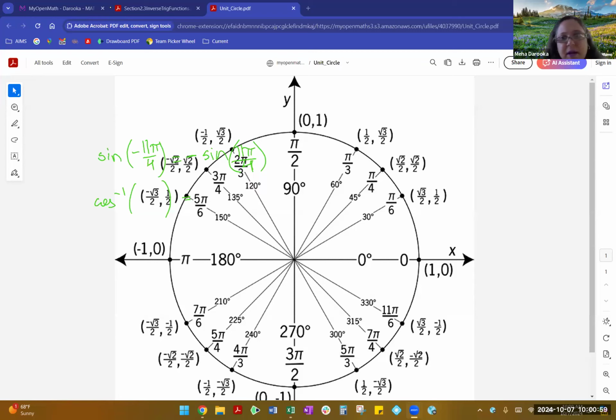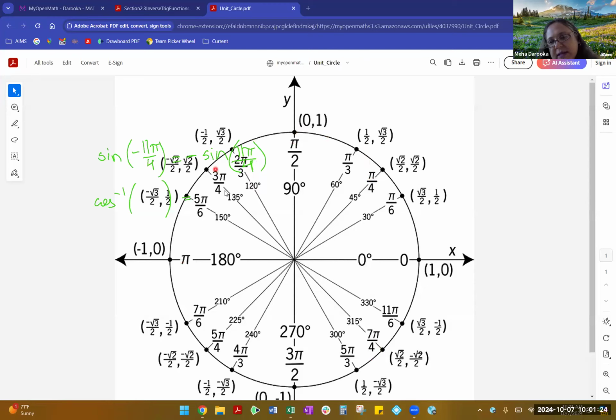Let me get my little pointer out here. So you've got 1 pi over 4. Of course, this guy becomes 2 pi over 4, which reduces down to pi halves. 3 pi over 4, 4 pi over 4, 5 pi over 4, 6 pi over 4, 7 pi over 4, 8 pi over 4, 9 pi over 4, 10 pi over 4.